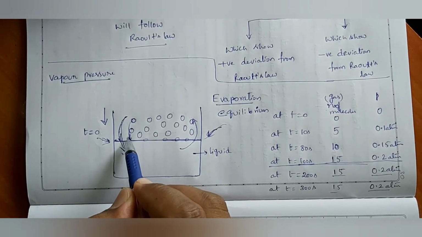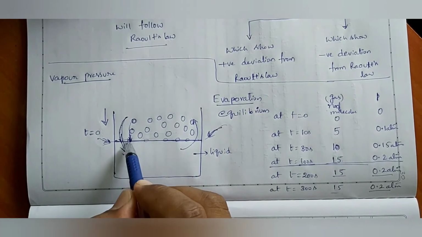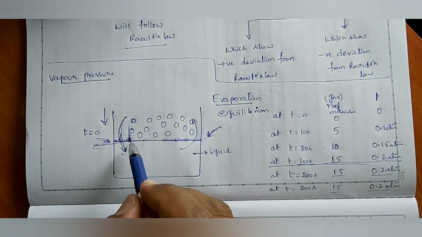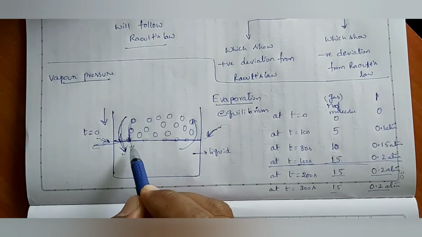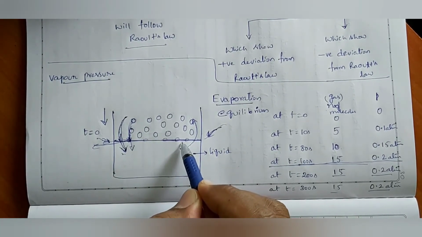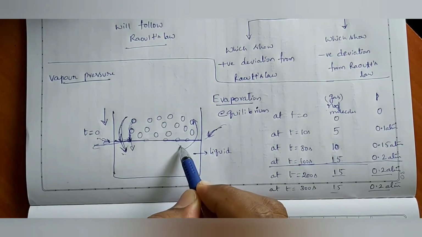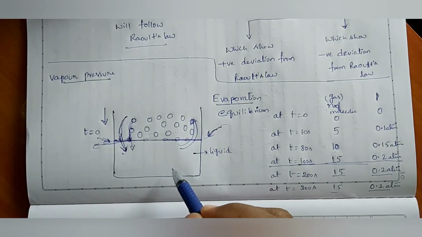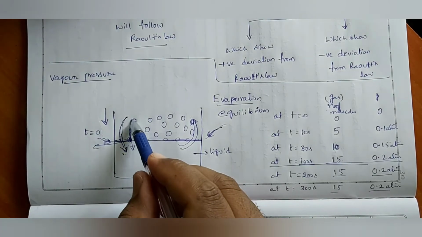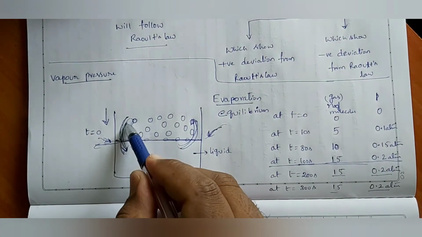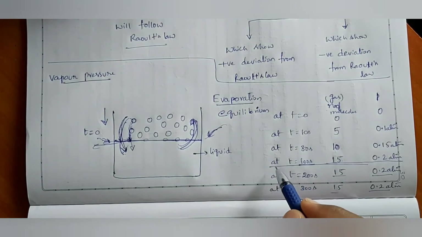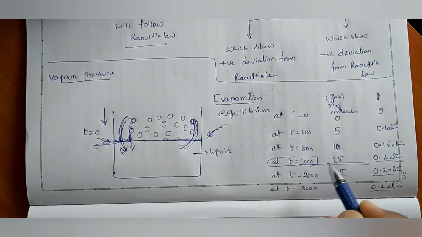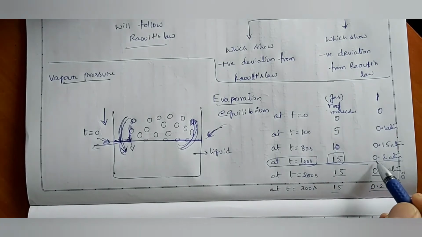By losing the energy to the surroundings, some gas molecules convert from gas to liquid. At the same time, some molecules are converting from liquid to gas. These two processes are going to be equal at the equilibrium condition. That state is called equilibrium.